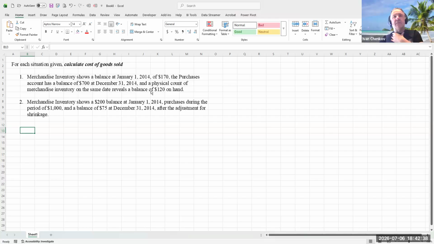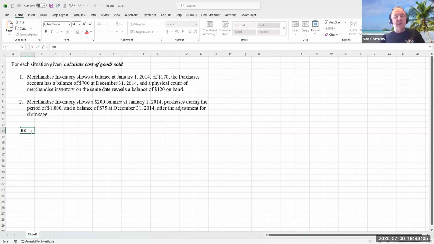So technically, this company is using periodic system. Since first they have the purchase account, which directly gives you the idea that they're using the purchases as a separate account, and inventory, they're not putting everything in the inventory. So for that reason, we have to do the following calculation.